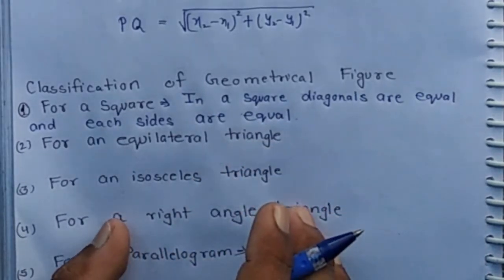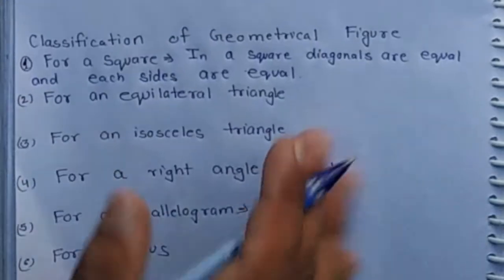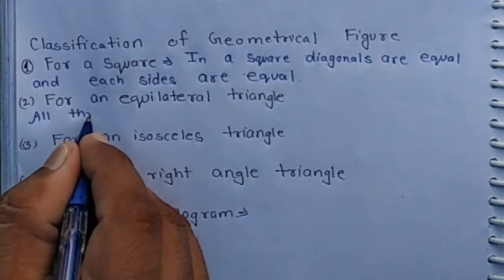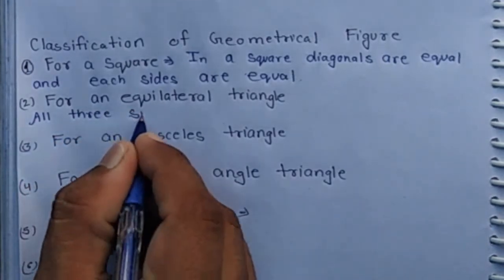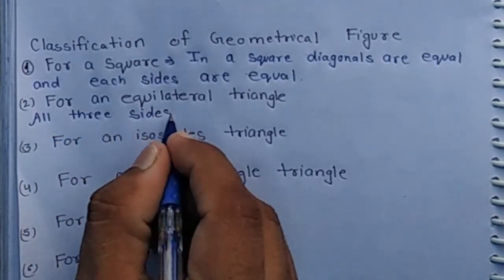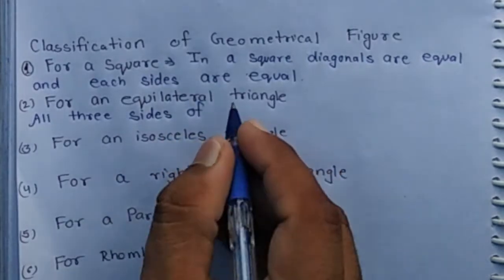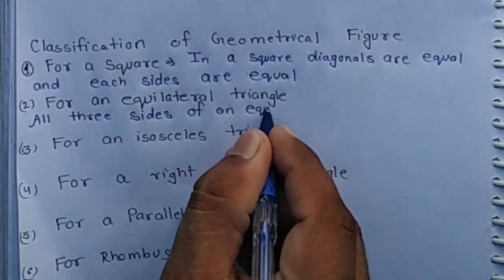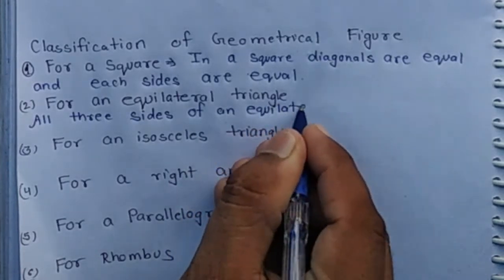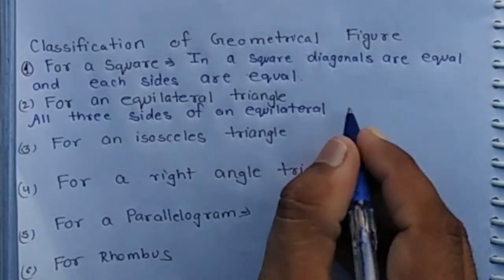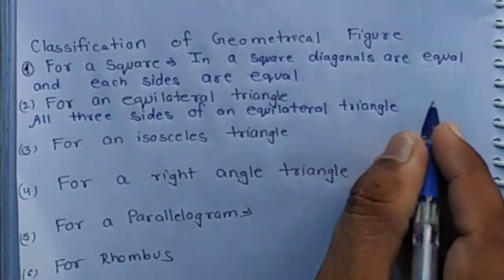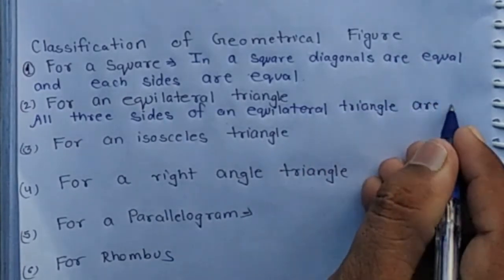For an equilateral triangle, all three sides of an equilateral triangle are equal.